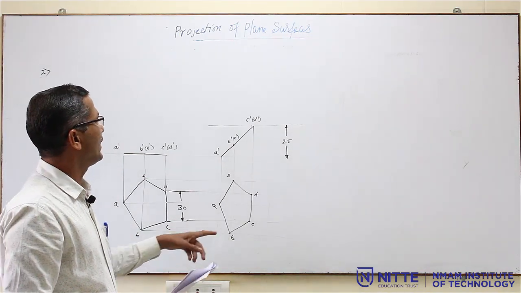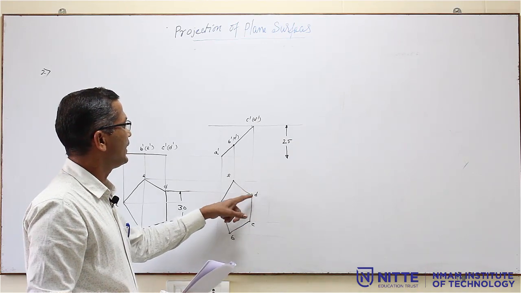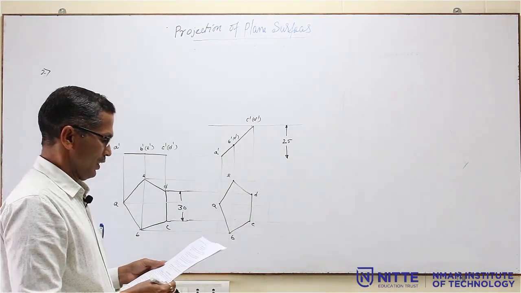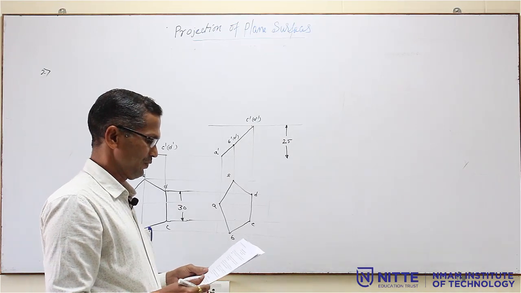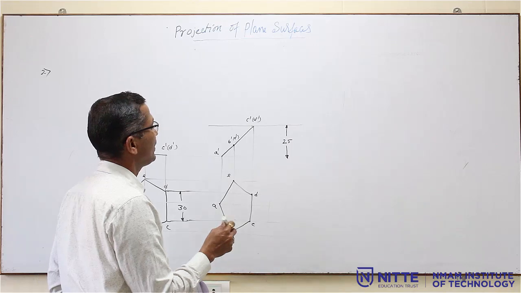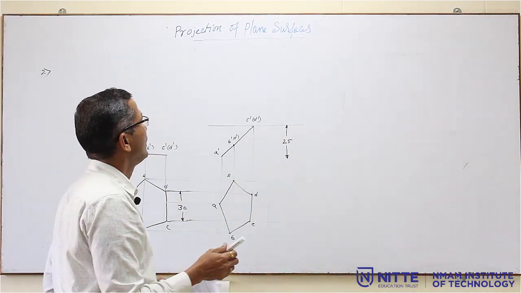So this is the one condition. One of the sides is 25 mm above HP. That is CD is 25 mm above HP. Now the second condition is the side is in VP. Which side? The side which is above HP. It is in VP.